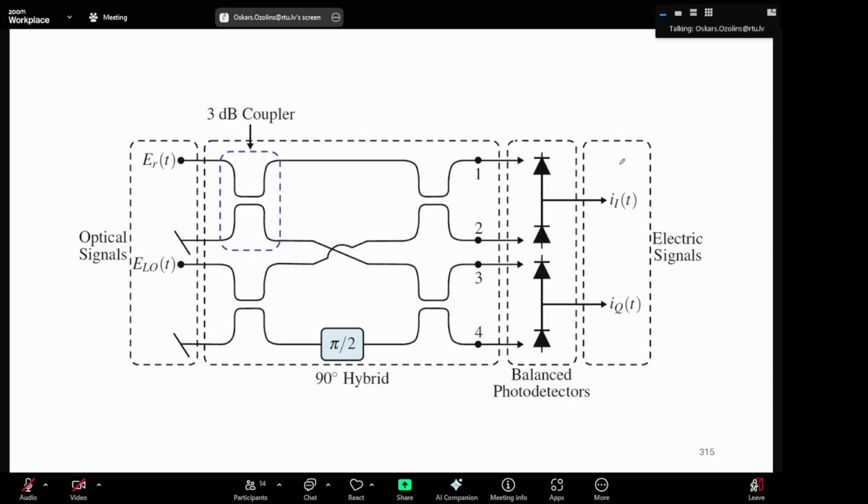Right. And then what is typically done after these electrical signals, after the amplifier, is you use an analog to digital converter. So you have a DAC in the transmitter and ADC in the receiver. When you use this analog to digital converter, you convert analog electrical signals into digital samples.